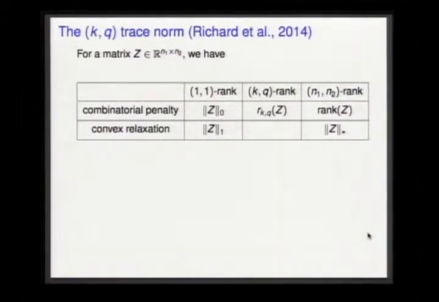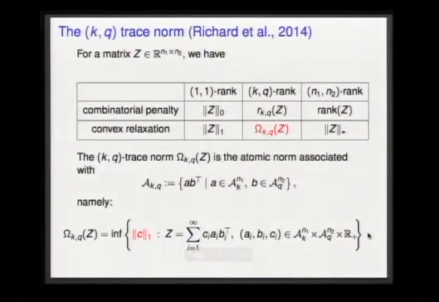So this way we are saying that our norm is going to be the tightest convex relaxation of the KQ rank, if you make the relaxation over the operator norm ball. So the norm is defined by using the set of atoms that is the outer product of these two sets I discussed right before, and it can be written as the solution to an optimization problem.